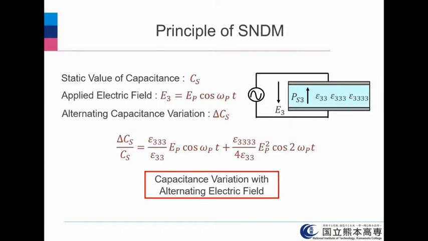When we apply the electric field between those electrodes, the capacitance does not change in linear discussion. However, it does change in nonlinear discussion. The important thing is whether the capacitance change is positive or negative. It depends on the polarization direction.